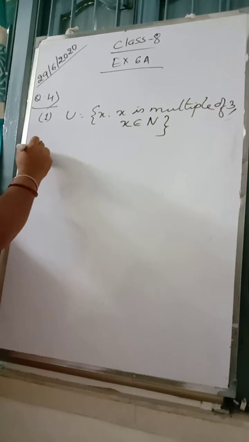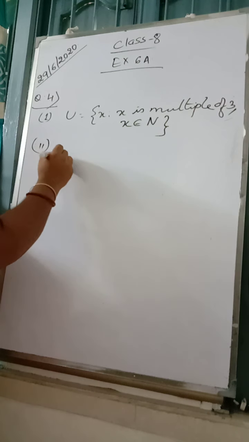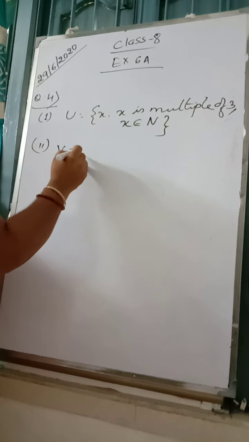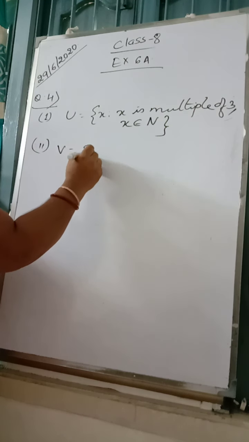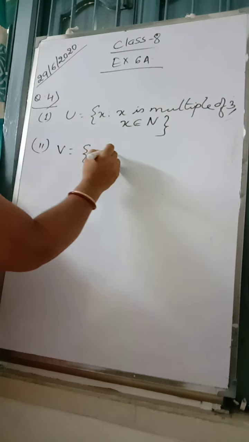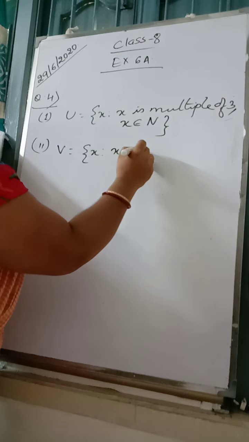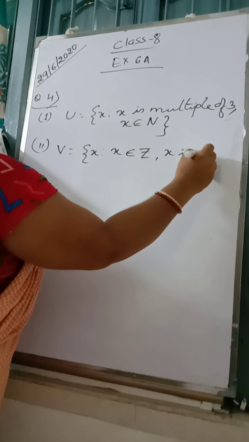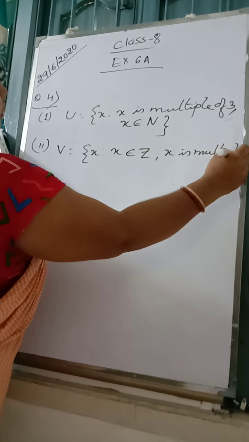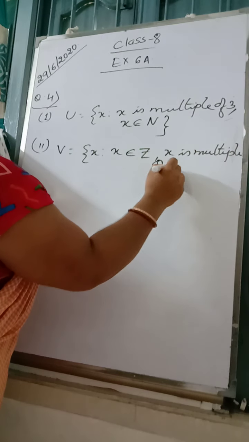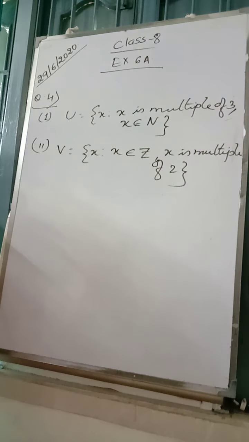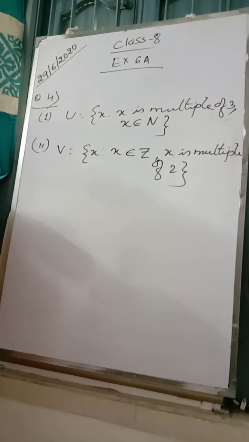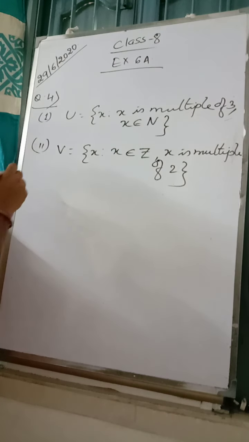Number 2: V is minus 8, minus 6, and it goes on. So what does it mean? V is equal to x, where x belongs to integers and x is a multiple of 2. You can see, because integer has negative digits also, positive digits also, and all the numbers are multiples of 2.